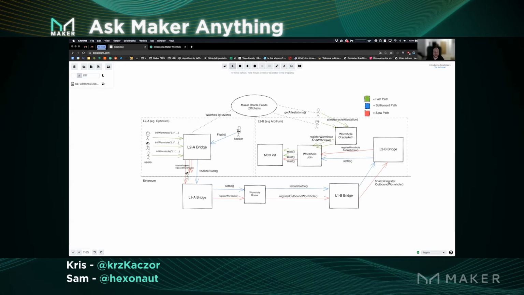So HOP is quite similar in the way that they do have some kind of keepers, bonders that move debt for many users between domains. But the problem is that HOP doesn't have a way to interact with native tokens, right? Like if they want to move DAI, they cannot just mint DAI on any domain, right?